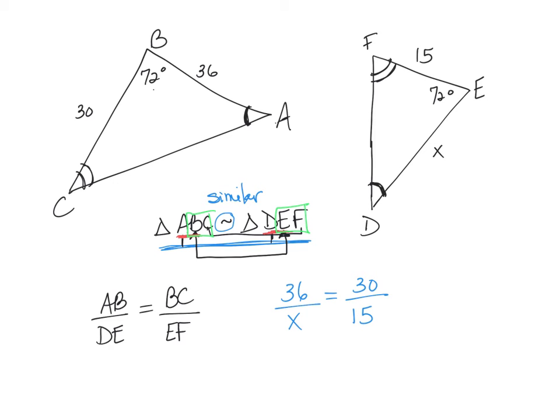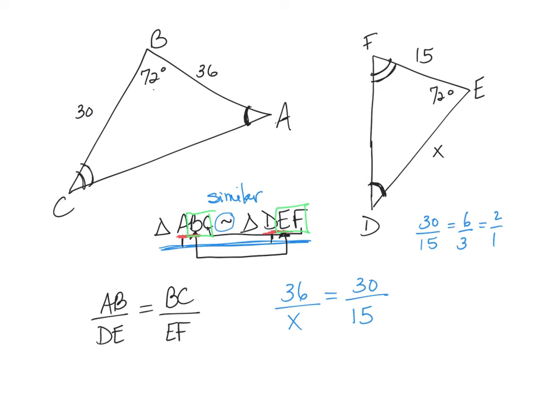Okay, so from here I notice that both 30 and 15 are divisible by 5. So I can reduce 30 over 15, because if I divide both by 5, I get 6 over 3, which actually I can then reduce further to 2 over 1.